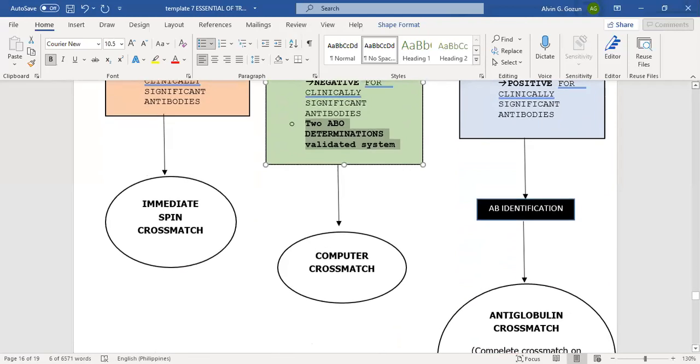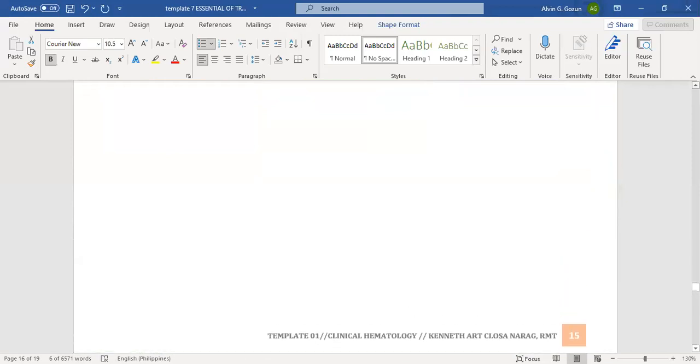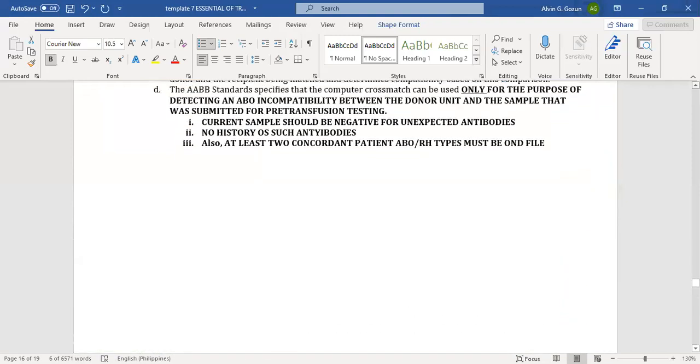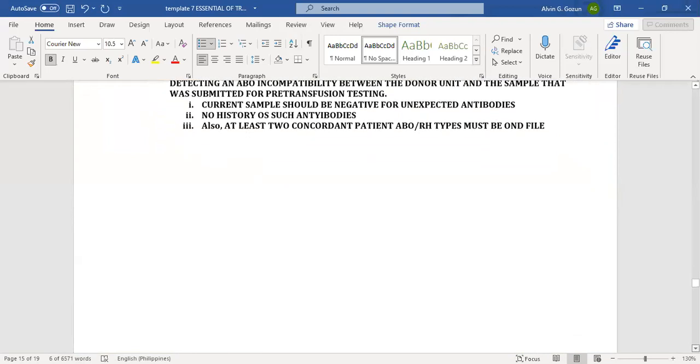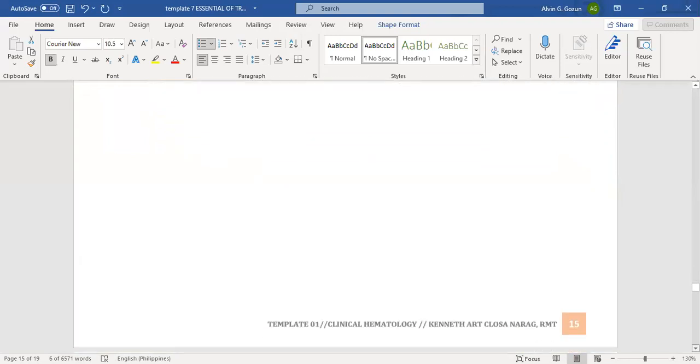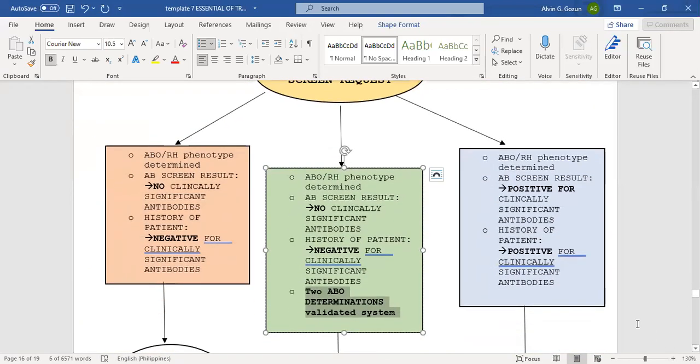Computer cross-match ang gagawin. Kasi sabi dito sa last part, tingnan yung nakalagay dyan: also, at least 2 concordant patient ABO or RH types must be on the file. Doon lang tayo mag-computer cross-match. Actually, hindi ko rin siya masyadong gets. Sa Amerika lang yung ginagawa. Yung part na yun. So, yun na lang yung kailangan tandaan. Huwag yun ang intindihin ng utak ninyo.